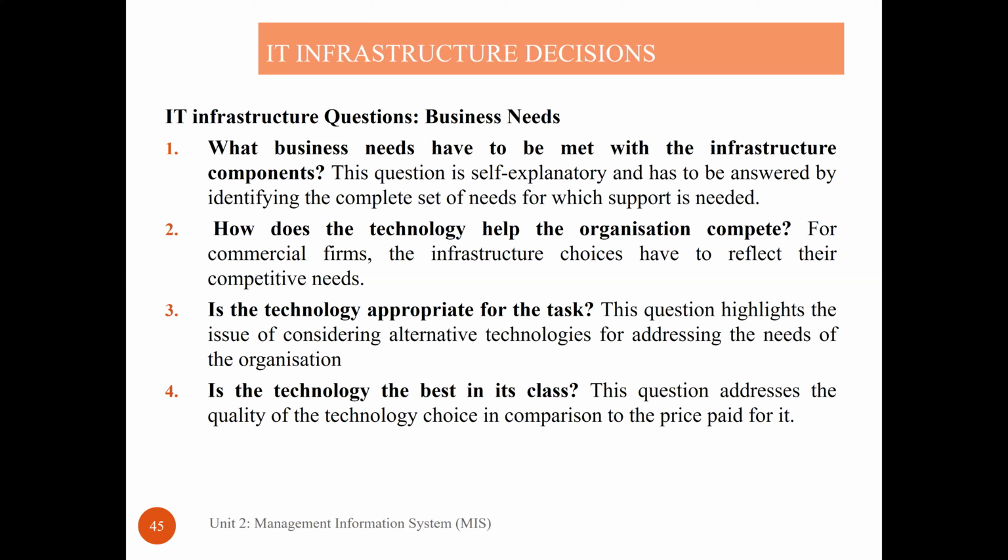This question addresses the quality of technology choices, in comparison to the price paid for it: whether the technology is giving that much output or not. So that is IT infrastructure decisions.